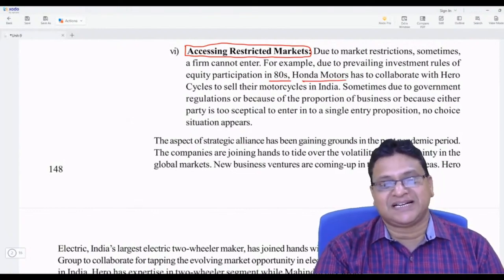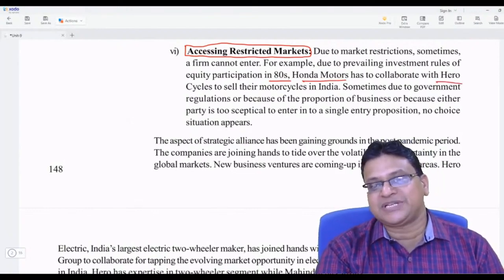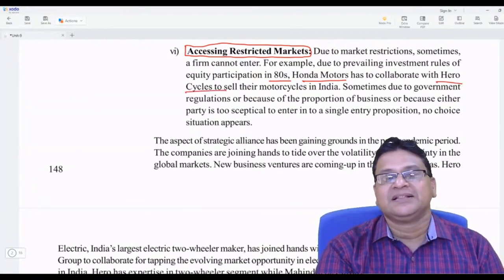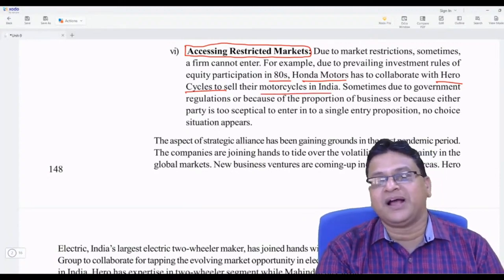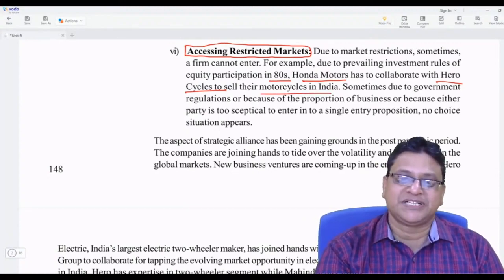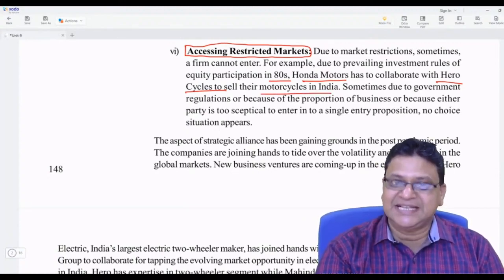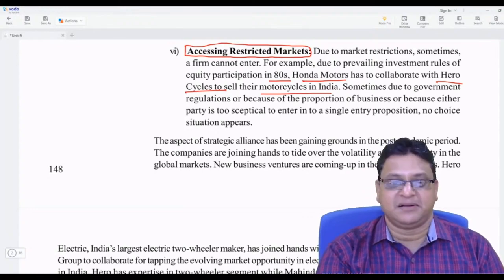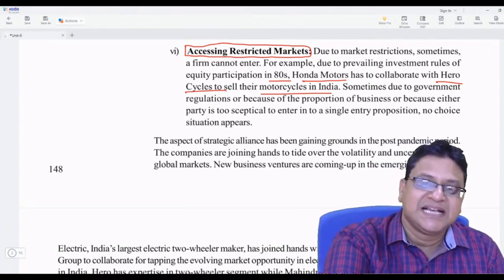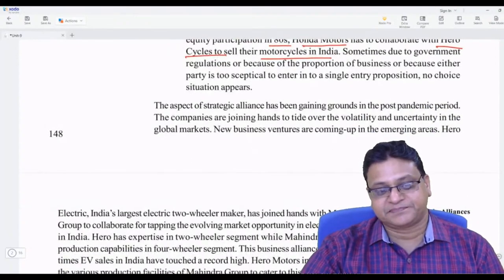So it made a strategic alliance with Hero Cycles to sell its motorcycles in India, and as a result, Hero Honda came into the picture. So this is for accessing a restricted market. You make an alliance with a local partner. This is known as accessing a restricted market.